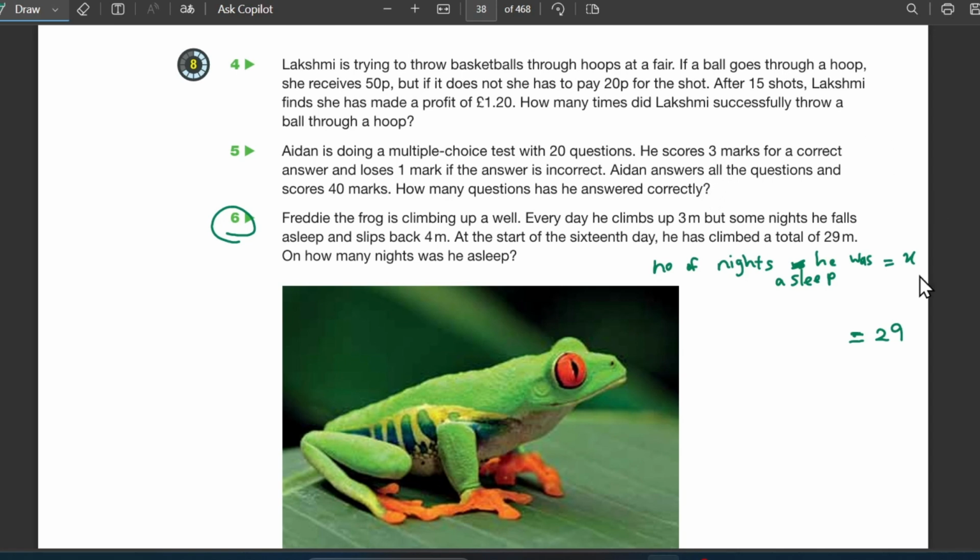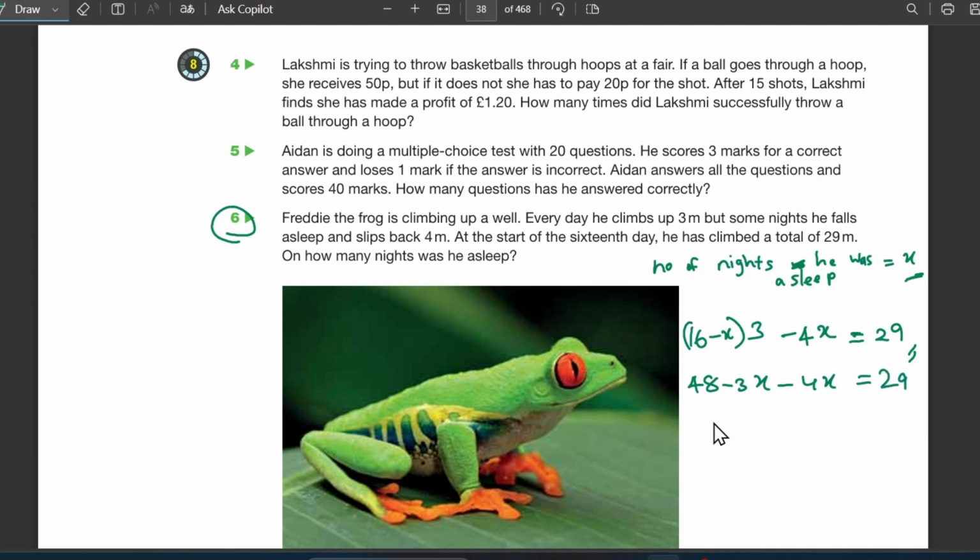In x nights he falls 4 meters, so I have to subtract 4 times x from 16 minus x times 3. So this should be the equation. So let's solve this. 48 minus 3x minus 4x equals 29.